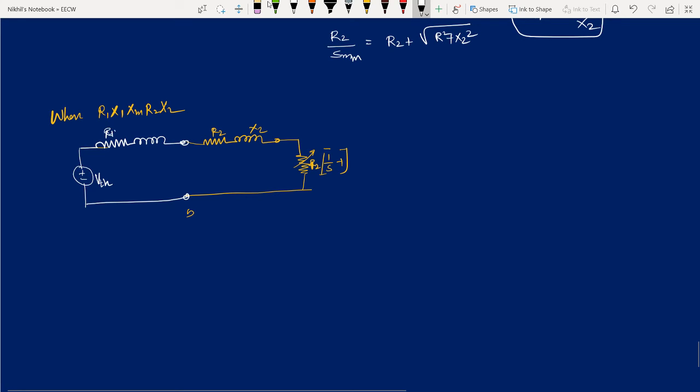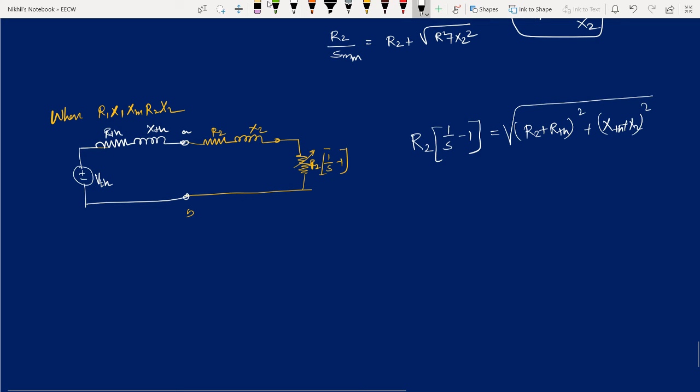RTH, XTH, this is point A and B. Apply the maximum power transfer theorem, that is load equals the source impedance. The source impedance equals the square root of (R2 plus RTH) whole square plus (XTH plus X2) whole square.